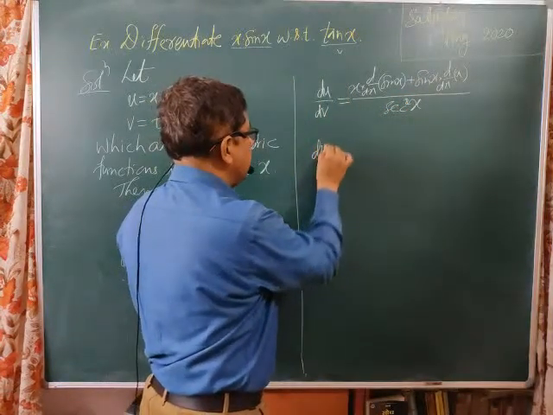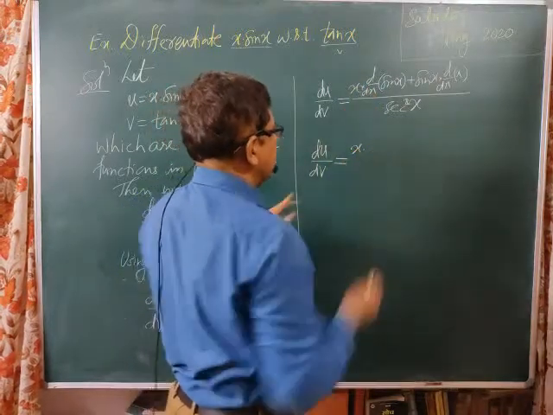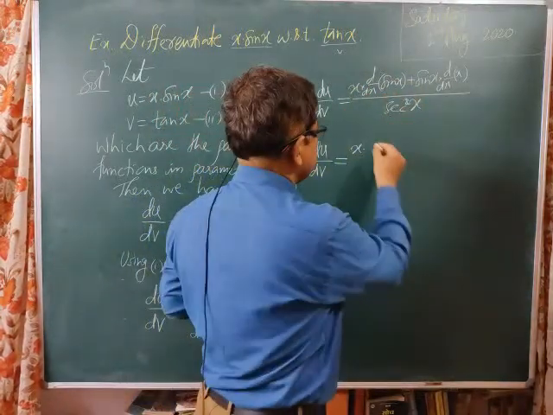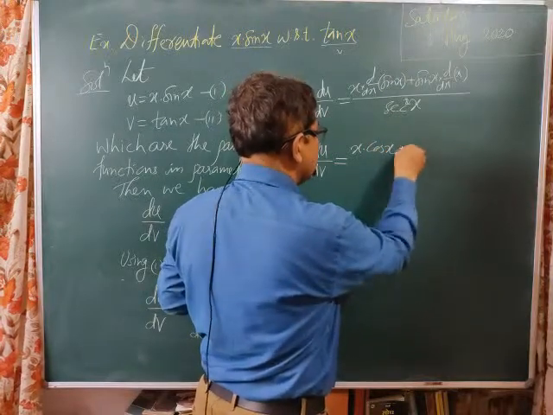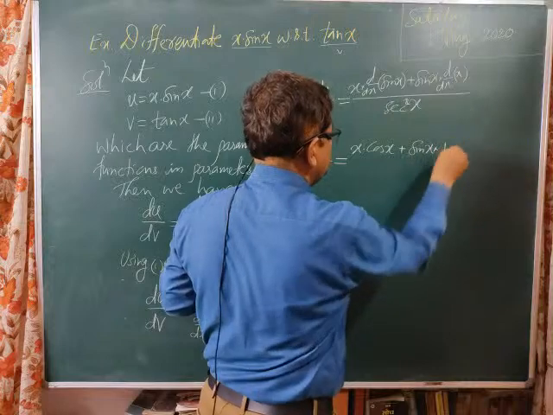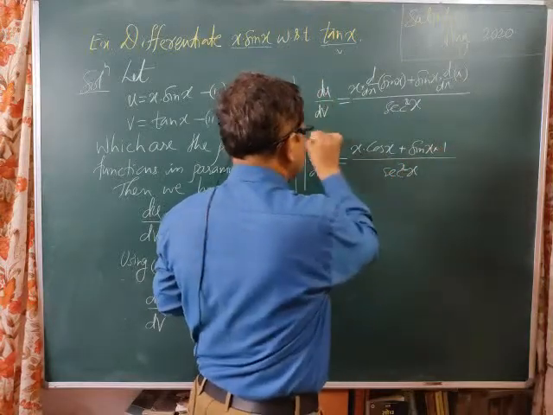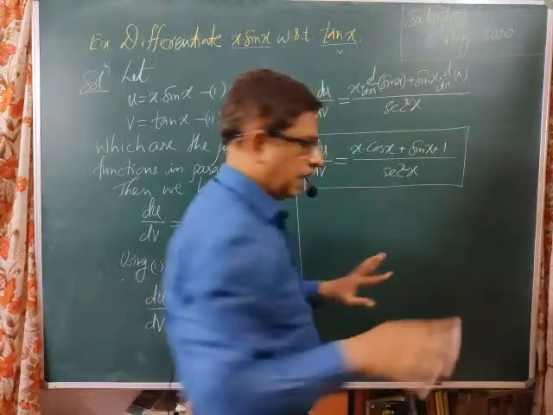And so we are getting du by dv is equal to x into derivative of sin x is cos x plus sin x as it is into derivative of x is 1, divided by sec square of x. Now you can stop the answer up to this.